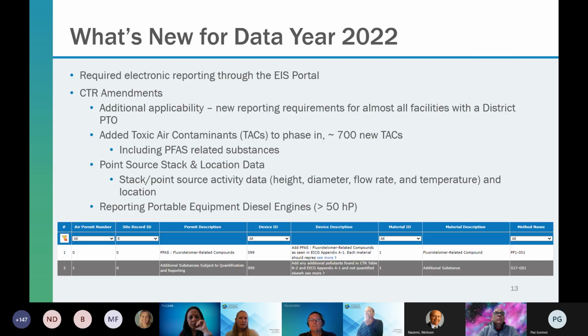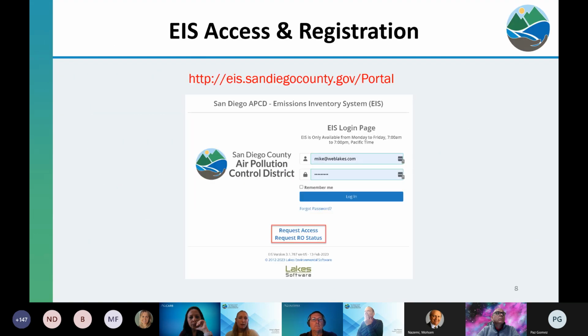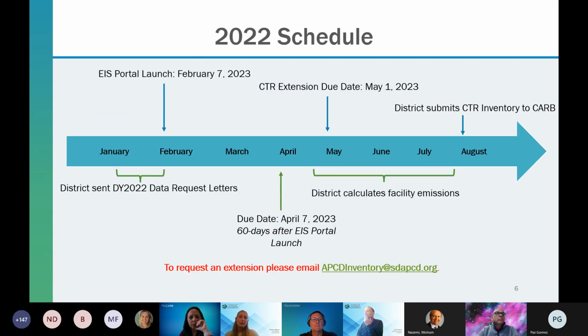The due dates are 60 days from the date on the letter, unless you received a letter dated before the portal launched on February 6th. If that's the case, then it's 60 days from February 6th, which we've calculated to be April 7th, 2023. Okay, and Christina, your second question about the email, it's on the screen right now, APCD inventory there at the bottom.